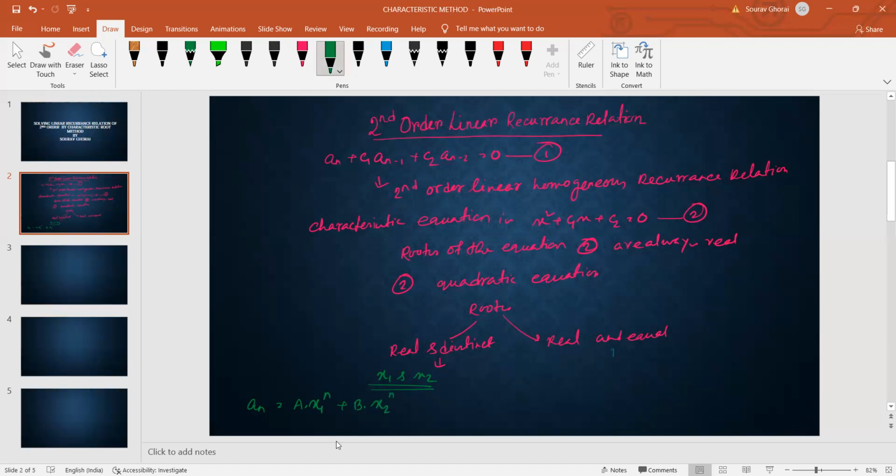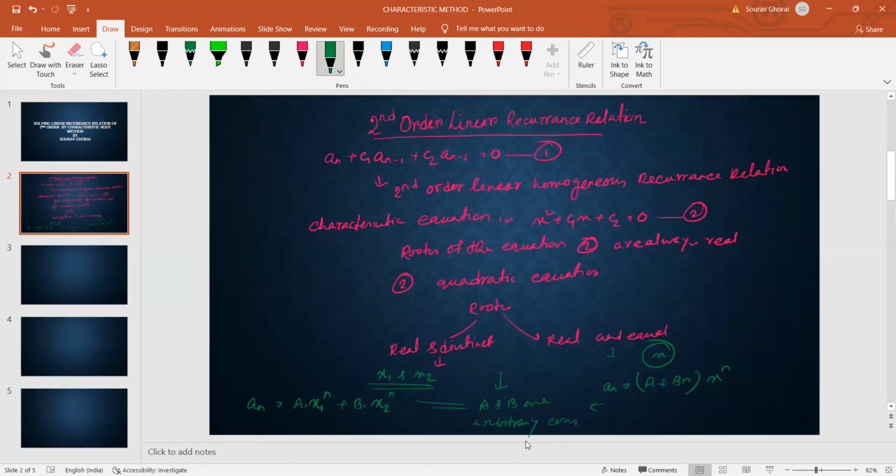And if the roots are real and equal, suppose the root is x, then the solution is of the form a_n = (A + Bn) x^n. For both cases, capital A and capital B are arbitrary constants. I hope after this you have a clear idea.